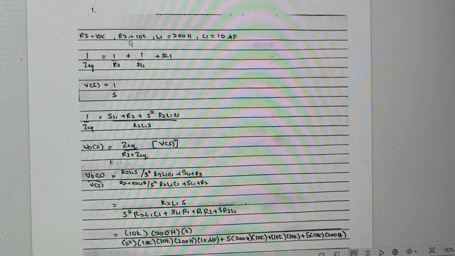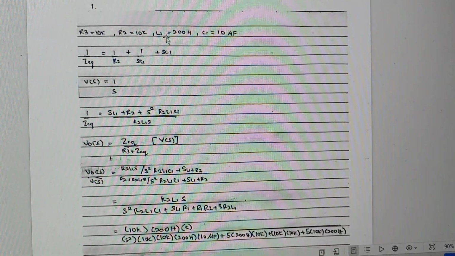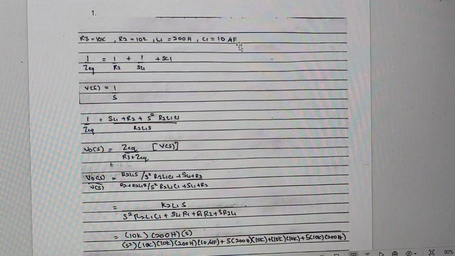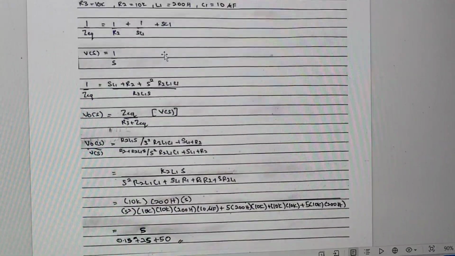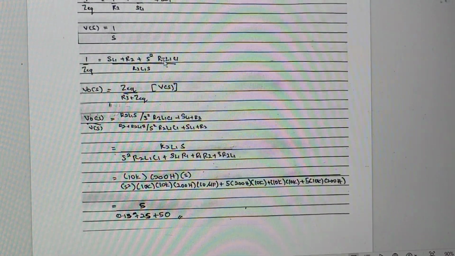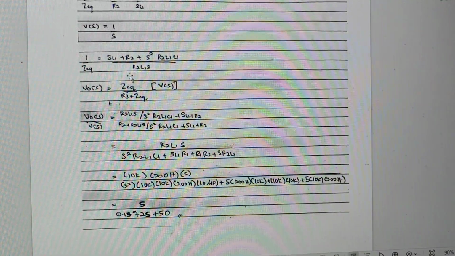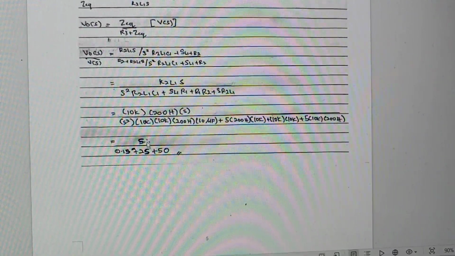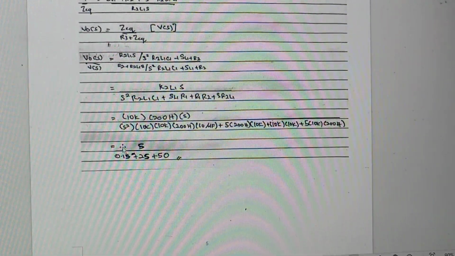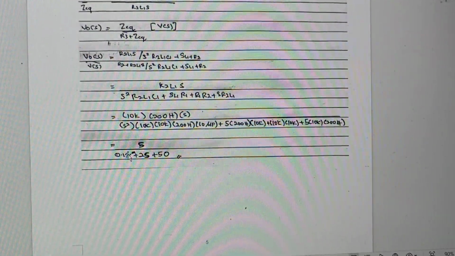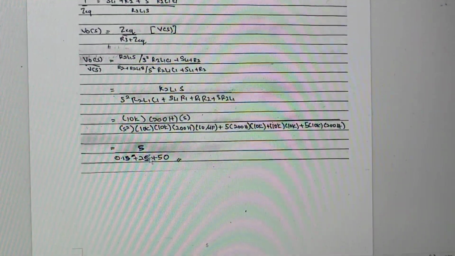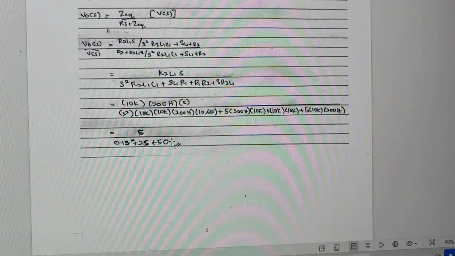R3 is 10k, R2 is 10k, L1 is 200H, and the capacitor is 10 megafarad. After we do this calculation, we get this answer, which is S over 0.1 S square plus 2S plus 50.